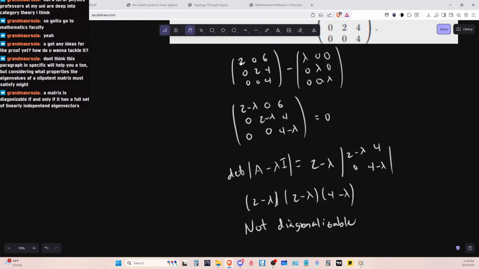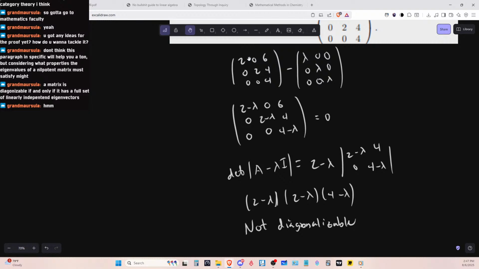And if two parts of the diagonal are the same number, but the other ones are different, does that mean it's not diagonalizable, because of the multiplicity of two numbers? Because that's what I'm trying to understand here.